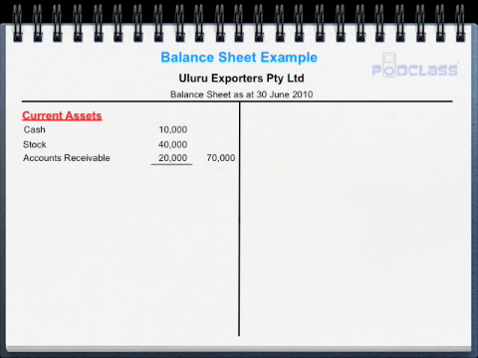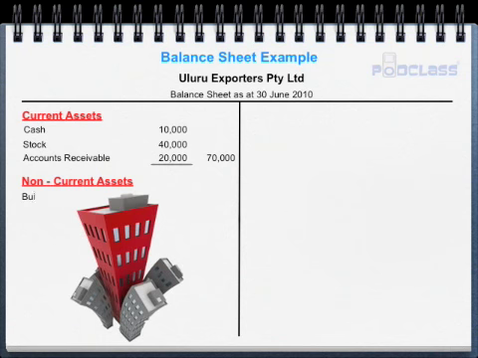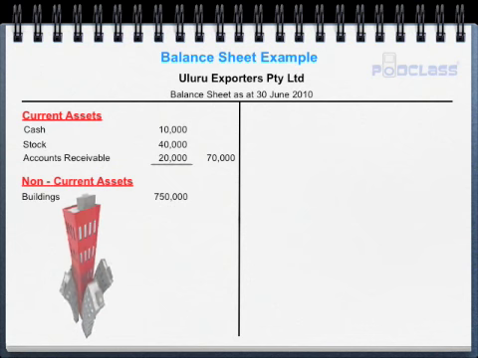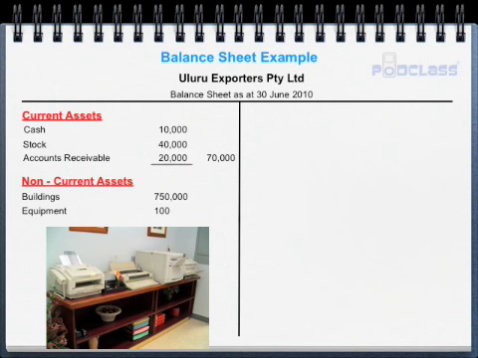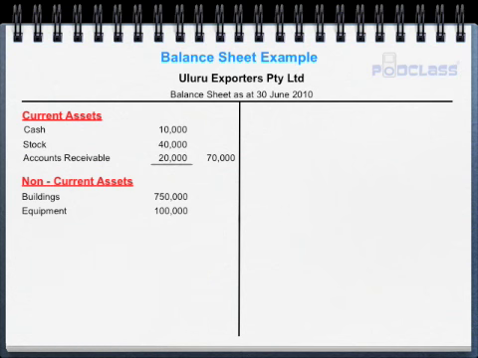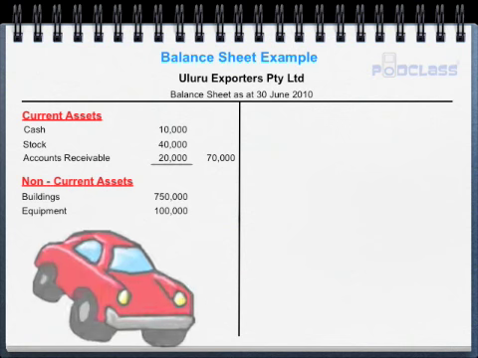The next group of assets are called non-current assets. They cannot easily be converted into cash, and they are held for the long term to improve the productivity and profitability of the business. They are also called fixed assets. Examples include buildings, equipment, and vehicles.